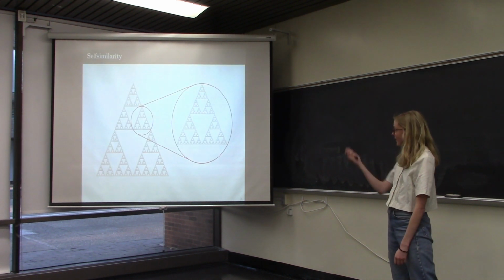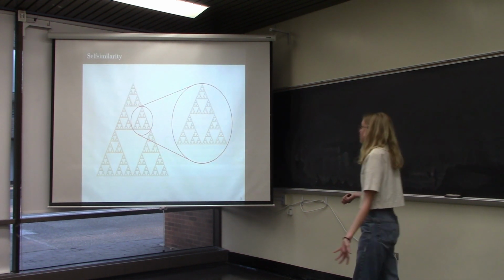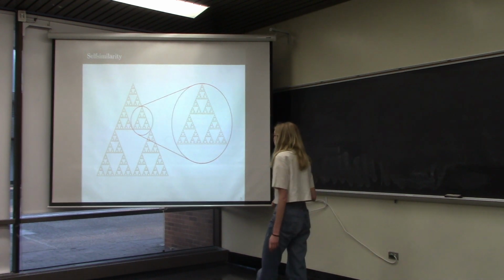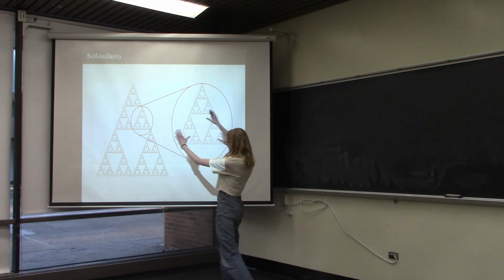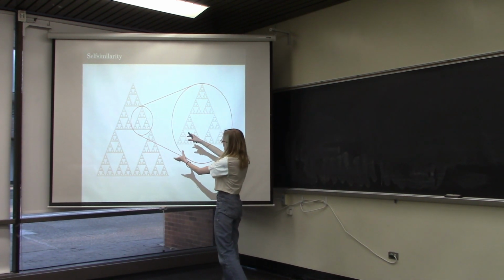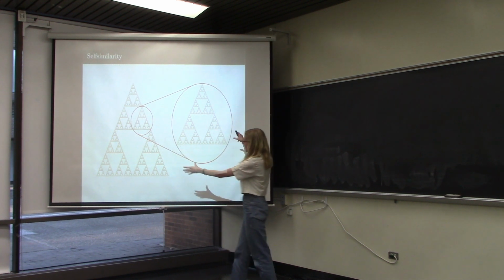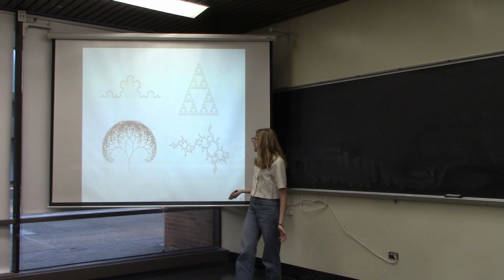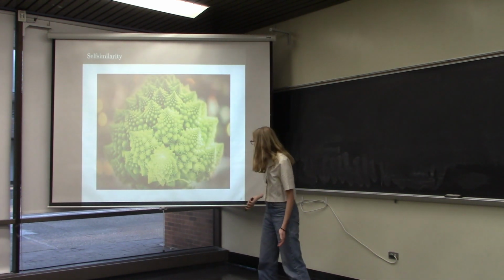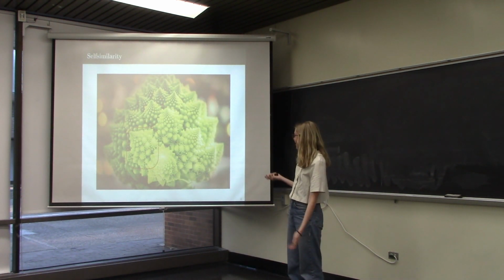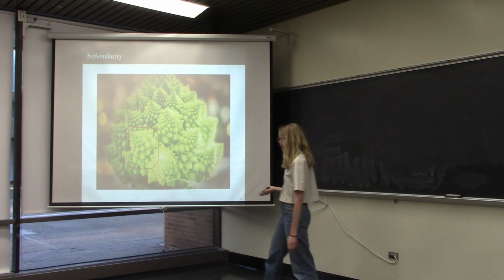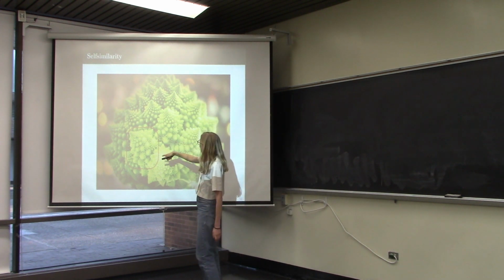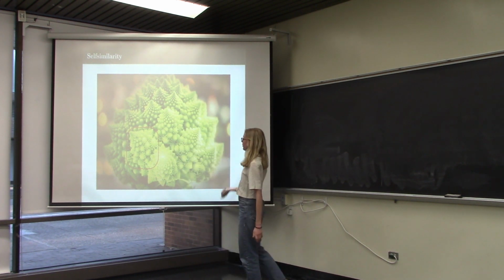And as you said, so what is self-similarity? Self-similarity says that when I zoom into one of these pieces, it looks exactly the same as the whole thing. So it's self-similar. And this also holds in nature, so here, this thing kind of looks like the whole.